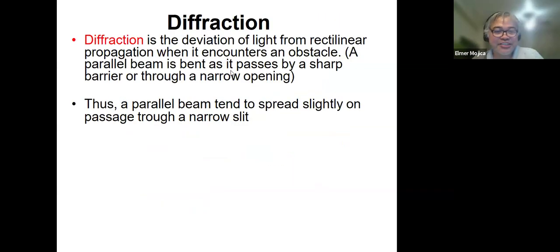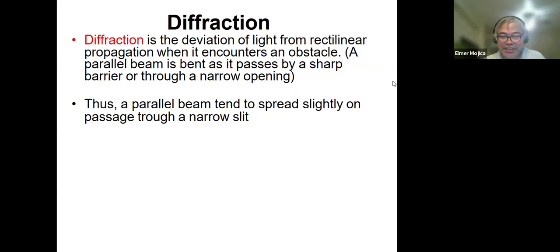Okay. Now let's go with what we call diffraction. So diffraction, we could say, is the deviation of the light from a rectilinear propagation when it encounters an obstacle. So we could say a parallel beam is bent as it passes by a sharp barrier or through a narrow opening.